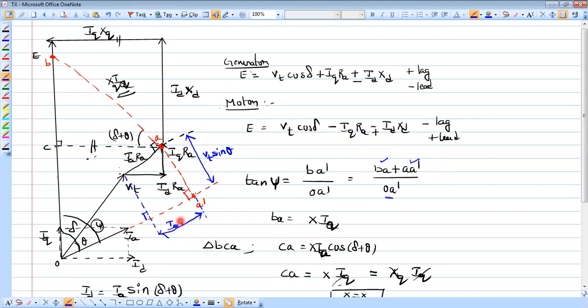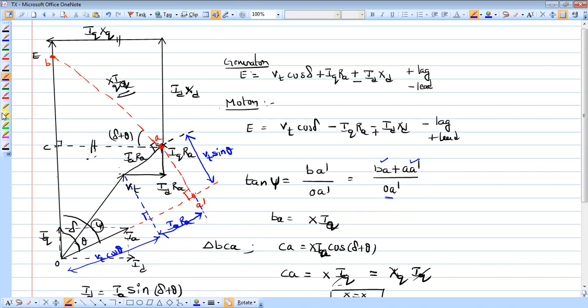It is equal to IA RA. And what about this? This distance is the adjacent side of this triangle, right? So cos theta, and here the hypotenuse is VT. So it becomes VT cos theta.